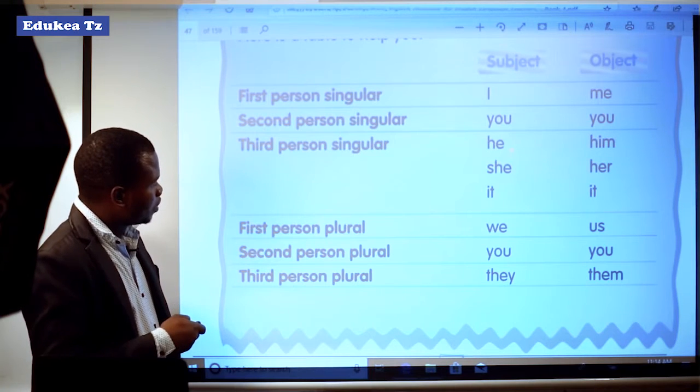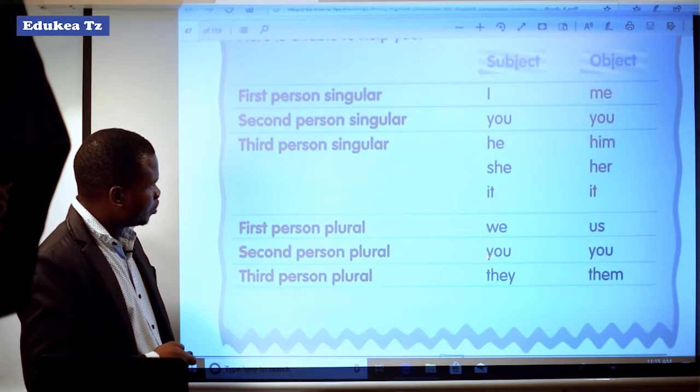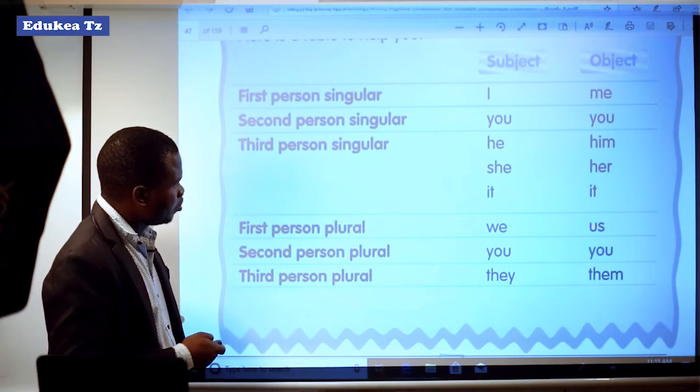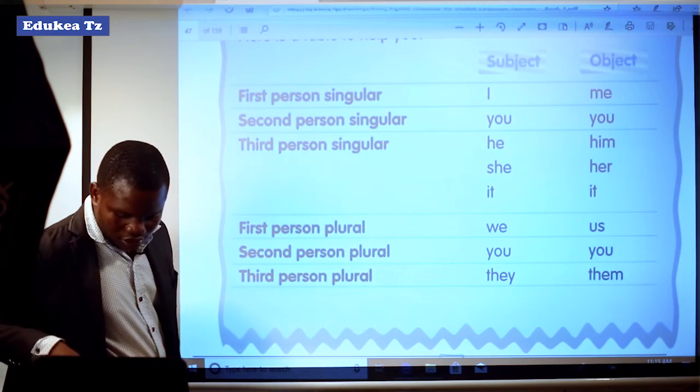But these are singular. Then we have plural. So I, singular, plural, we. You, singular, plural, you. He, she, it, singular, plural, they. While these are subjective, in object we becomes us, you, they becomes them.